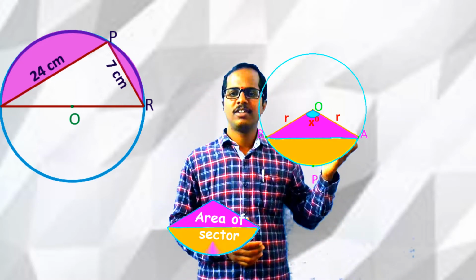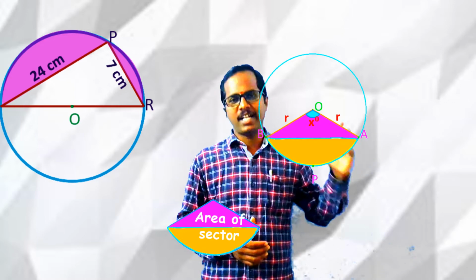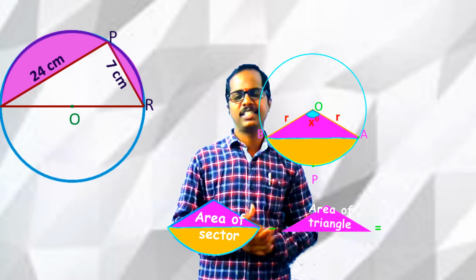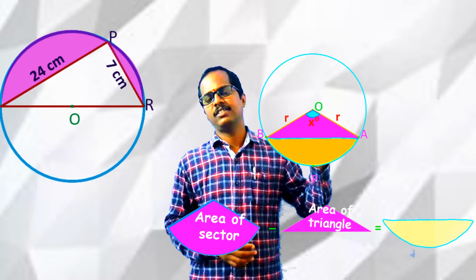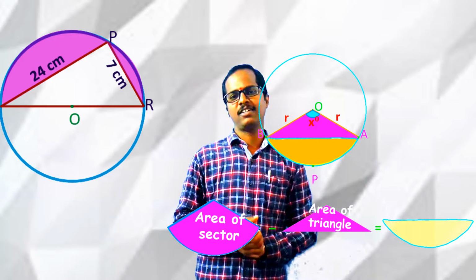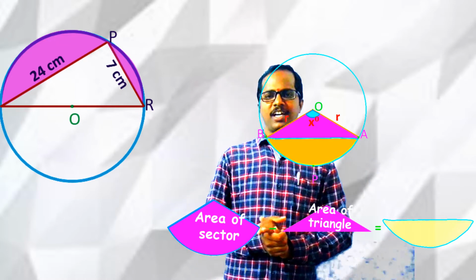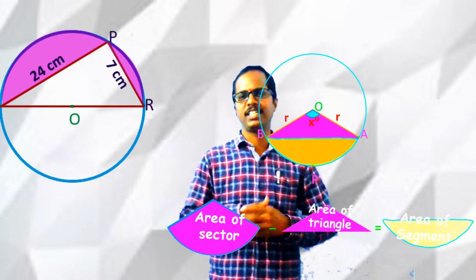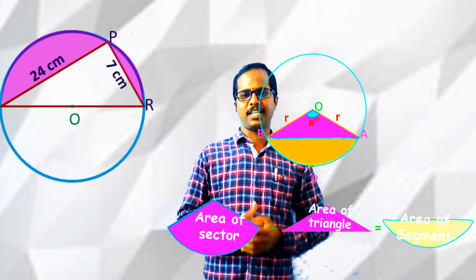And then we find the area of the triangle which is also part of the sector which we considered, and the area of the triangle is subtracted from the area of the sector so that we get the area of the required segment. This is the concept that we used in finding the area of the segment of the circle.